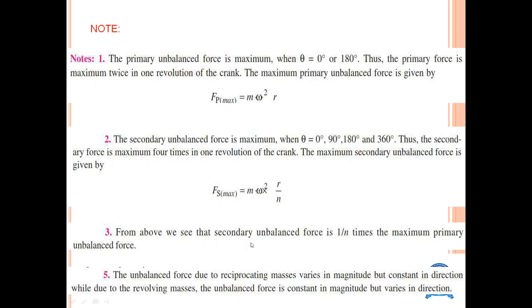We see the secondary unbalanced force is 1 by n times the primary force. The unbalanced force due to the reciprocating masses varies with magnitude but is constant in direction, while due to revolving masses, the unbalanced force is constant in magnitude but varies in direction.